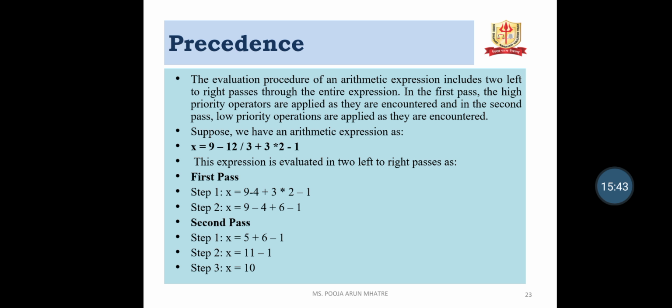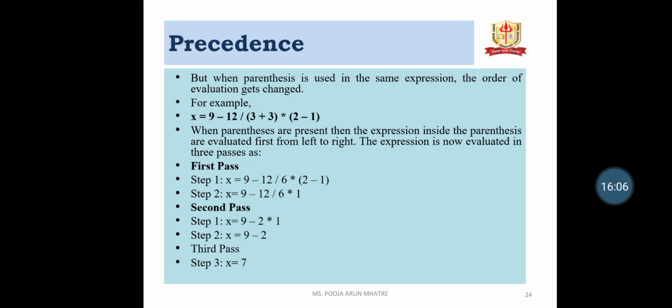In step 2, x equals 9 minus 4 plus 6 minus 1, where 3 multiplied by 2 is 6. Then in the second pass, x equals 5 plus 6 minus 1, that is 9 minus 4 is 5. Then 5 plus 6 is 11 minus 1, and in step 3 the answer is 10. 11 minus 1 is 10.